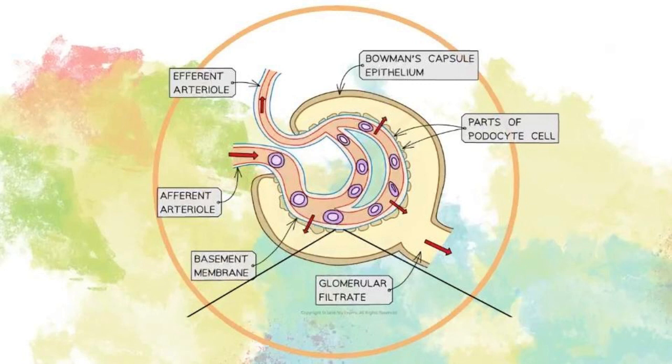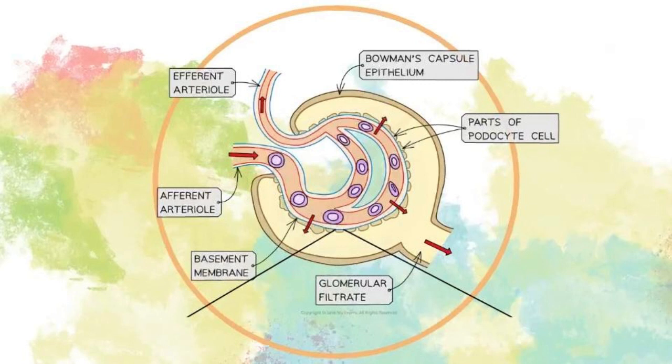And then the second layer of cells, so we have three layers total. Two of them are layers of cells. One is the basement membrane. The second cell layer is the epithelium of the Bowman's capsule. So we have the glomerulus, which has a cell layer, then we have the basement membrane, and then we have the Bowman's capsule cell layer.